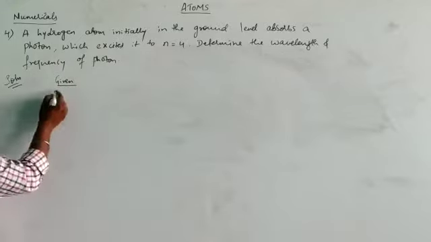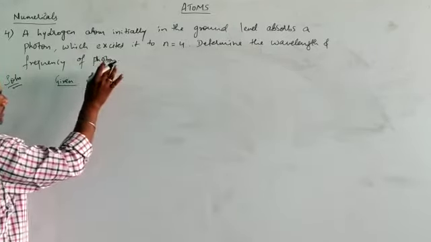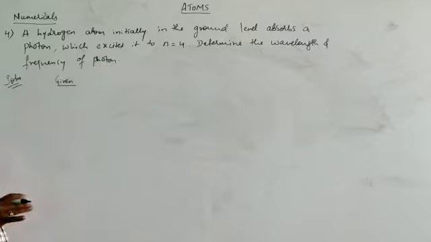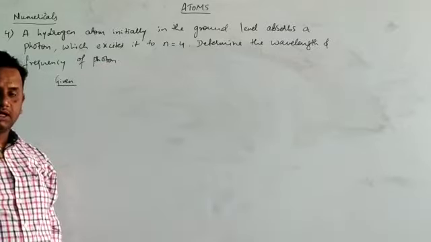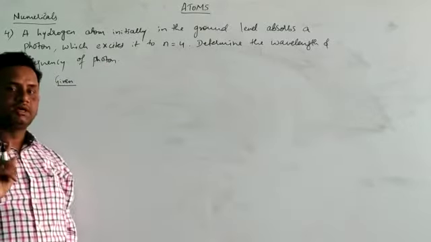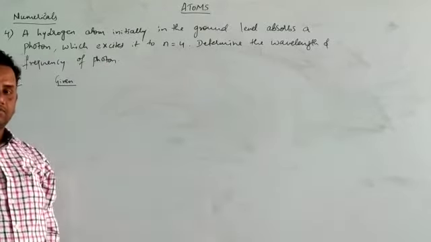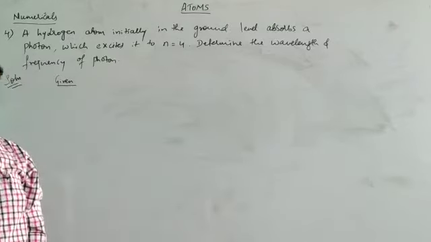Okay, so the first given data is that the ground level is mentioned, and you should remember that ground level means n equal to 1. Always, ground level means n equal to 1. You can see the previous videos also.